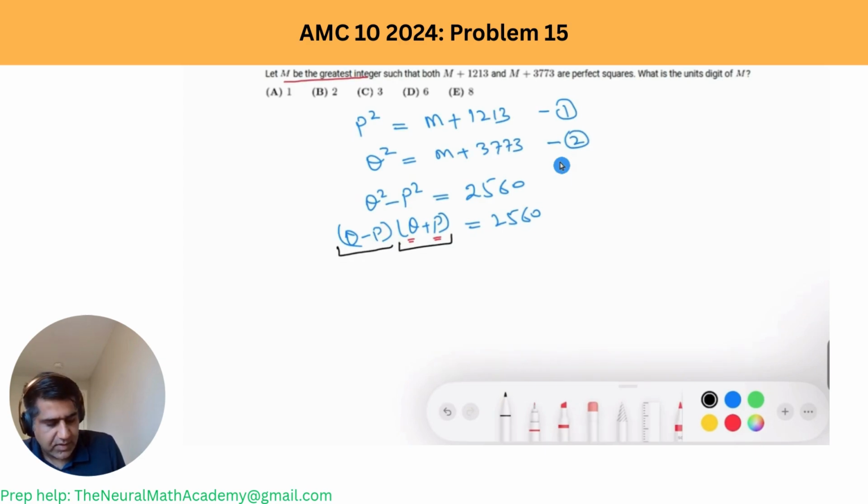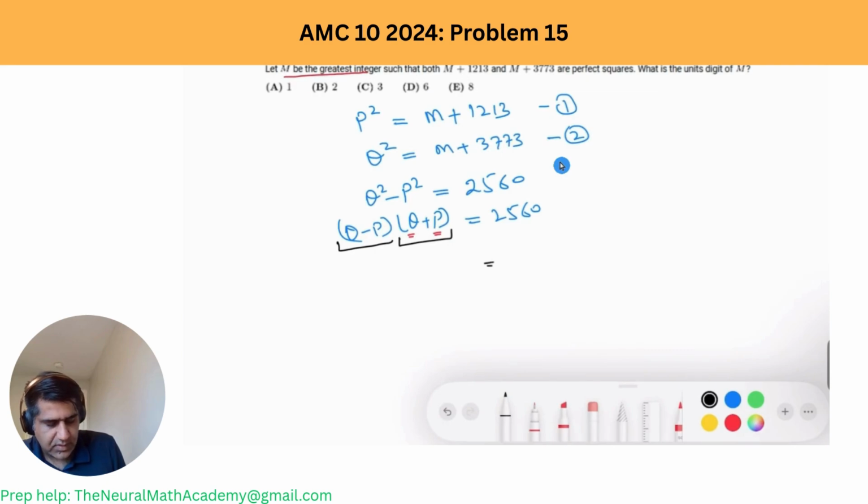So if I write the factorization for 2560 that gives me the maximum value for q plus p, then one option is definitely this, right? So I can have q minus p equal to 1 and q plus p equal to 2560. However, if I calculate the values for q and p based on this, I would see that they are not integers.